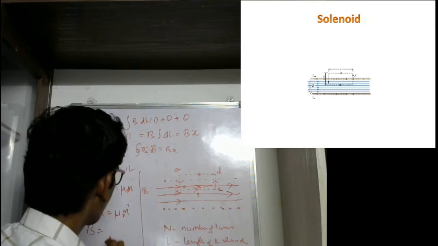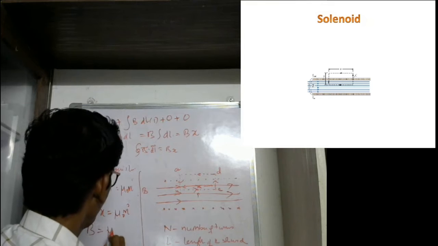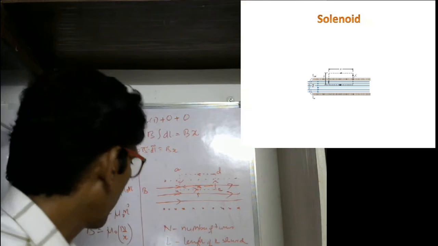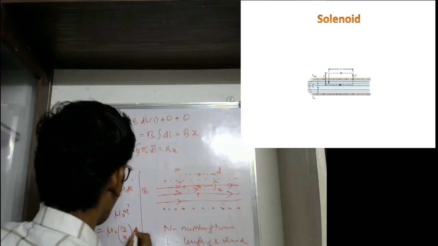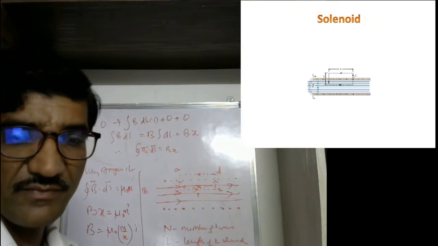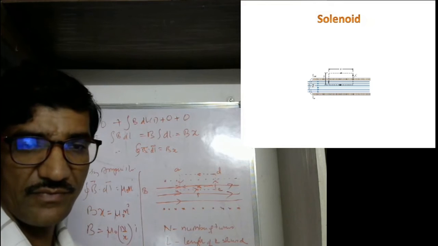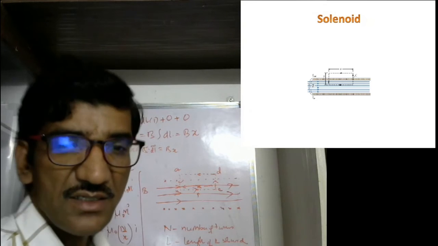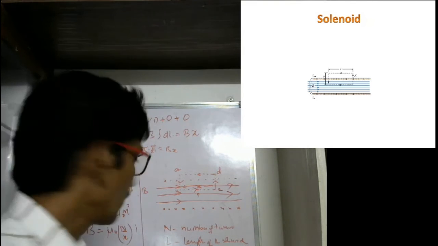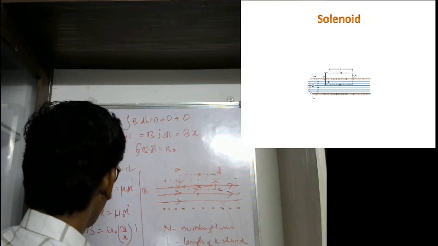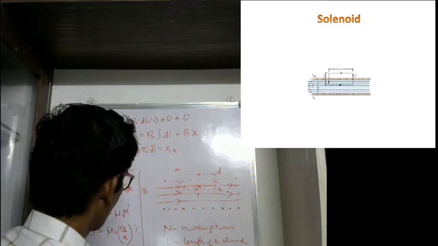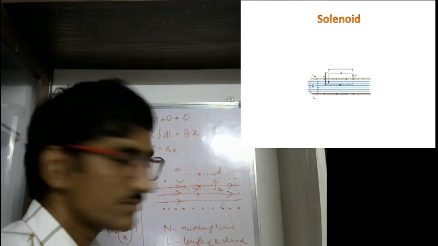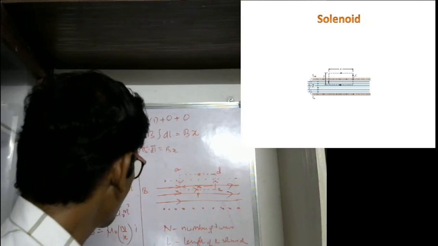So B is equal to mu naught n by x times I. What is n by x? N by x is the turns per length. So B is equal to mu naught nI.